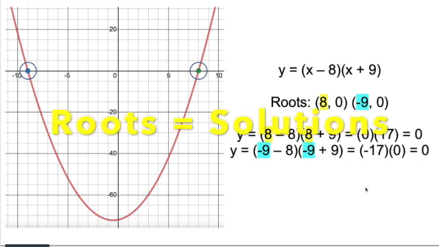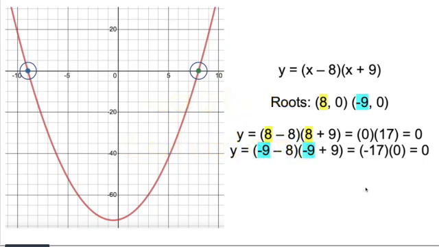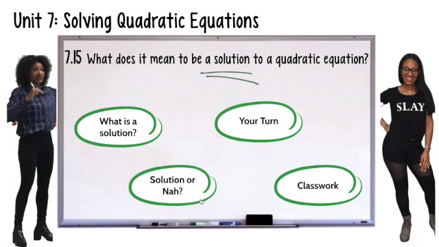The roots are also known as solutions to the quadratic equation. Because the root is a point and it ends in 0, the 0 is the y value. So any x value that is plugged into the equation and results in a 0 is a solution.